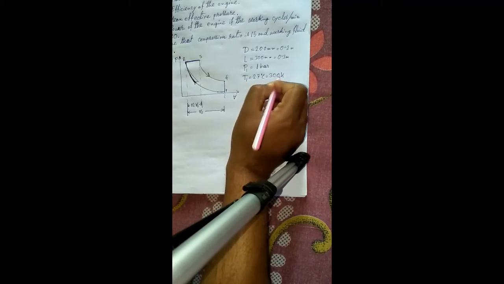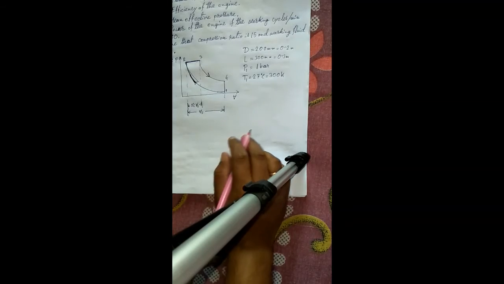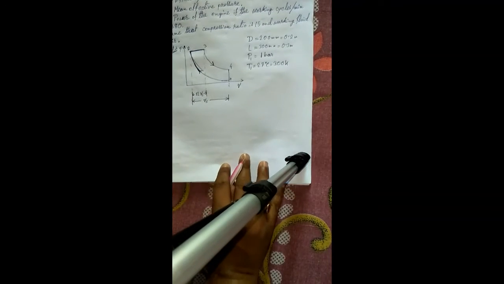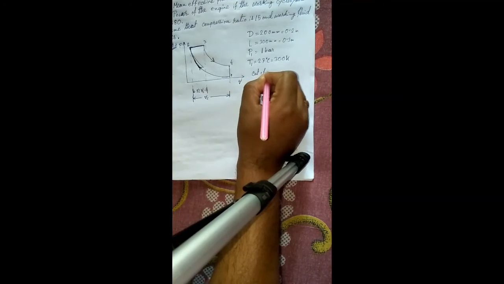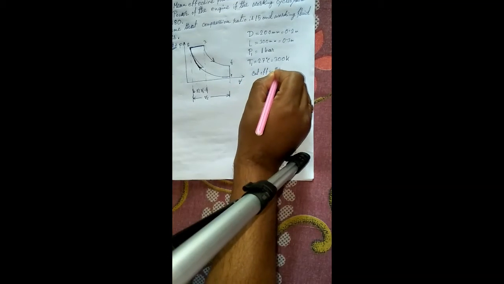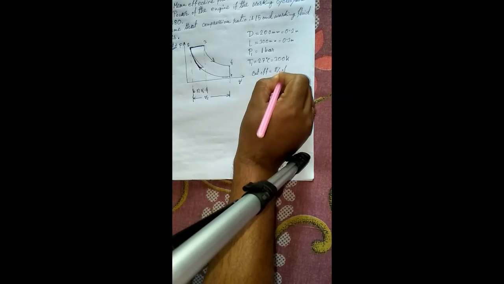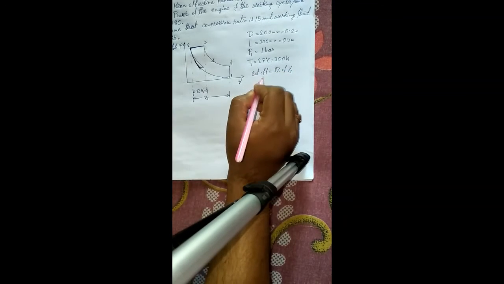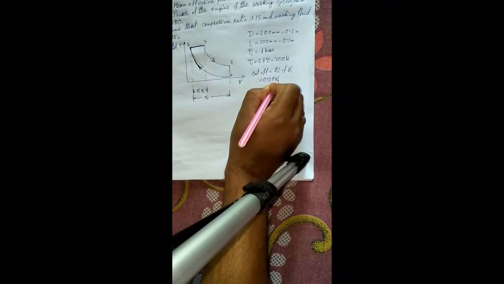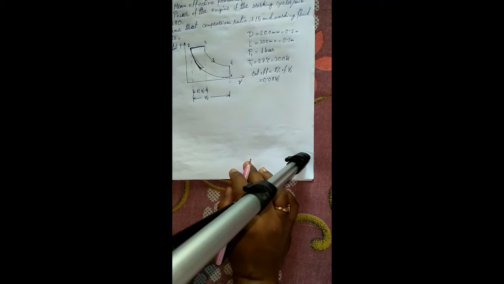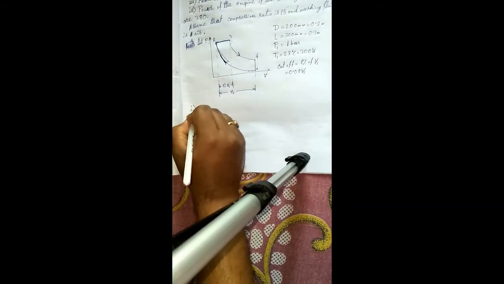Cutoff is equal to 8% of Vs, that means 0.08 Vs. This is the cutoff.